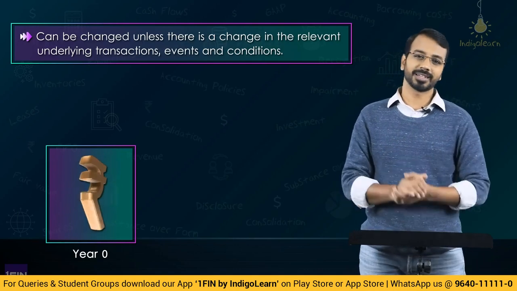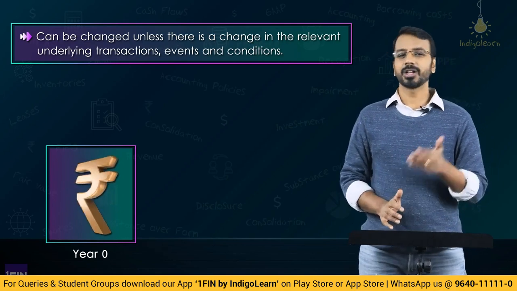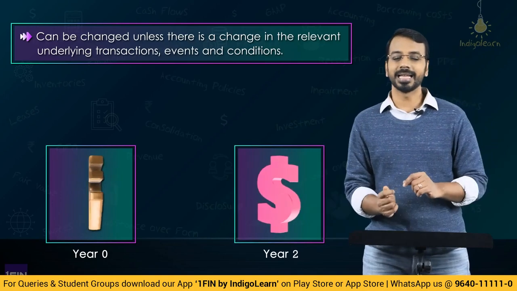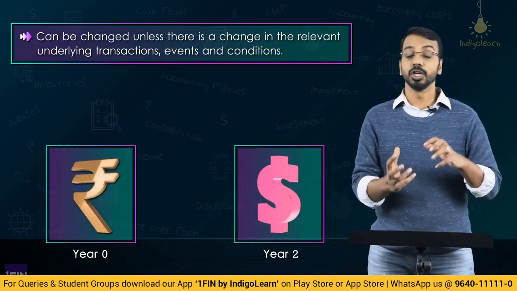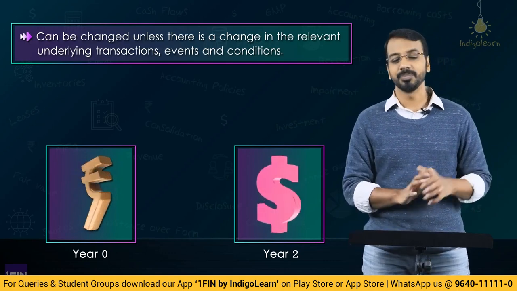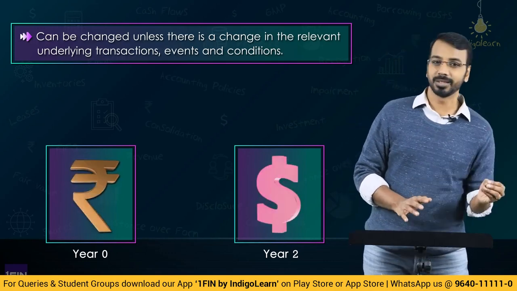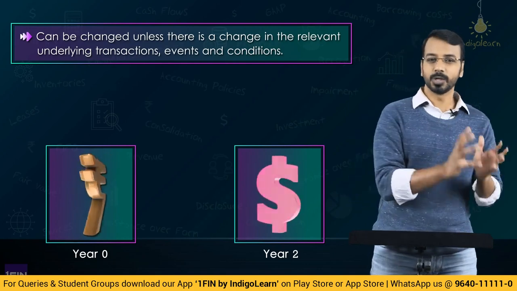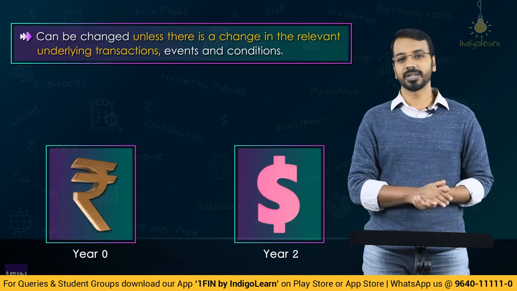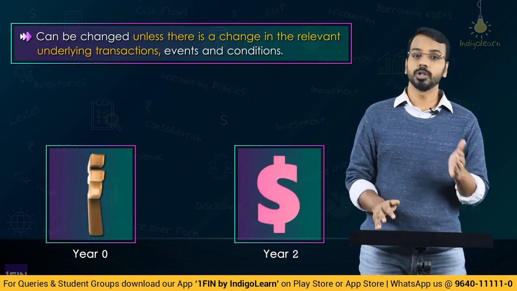So I have selected the functional currency as INR. After a couple of years, my operations became more US oriented. I started having more sales based out of US. US economy started impacting the finances of my company. Customers in the US, a lot of suppliers in the US, right? So everything is US based. So because now when such changes happen, then we can change the functional currency from INR to USD.